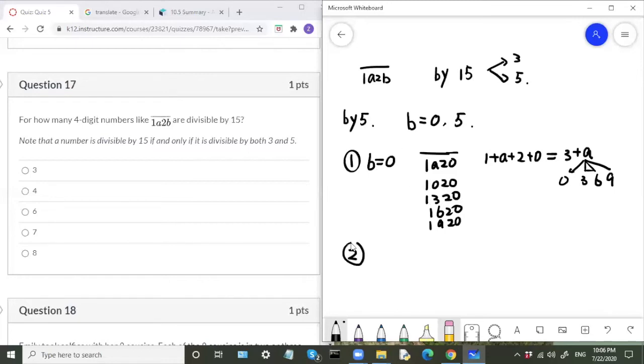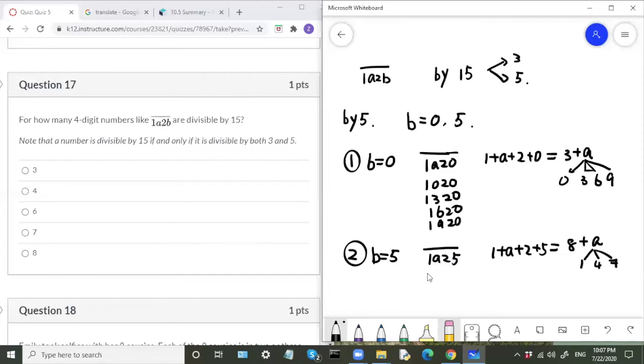Second case, B equals 5. Then we have the number 1A25. We add all the digits: 1 plus A plus 2 plus 5, so it's 8 plus A. This sum needs to be divisible by 3. So A is 1, 4, or 7.